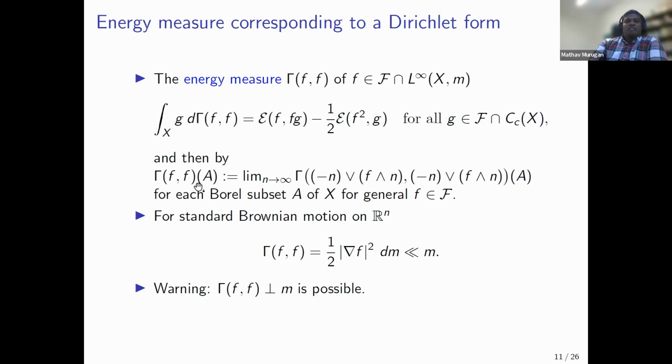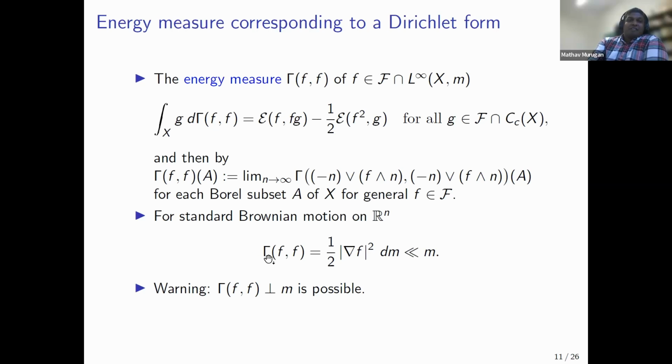And for unbounded functions, one can truncate f from above by plus n and from below by minus n, let n go to infinity, and then take limits. So this is how energy measures are defined for unbounded functions. We start with the bounded case and use this formula. If we use this formula for the classical Dirichlet energy, one can simply use the Leibniz rule. So the gradient of f times g can be written as g times gradient of f plus f times gradient of g, and one has a similar chain rule for the gradient of f squared.